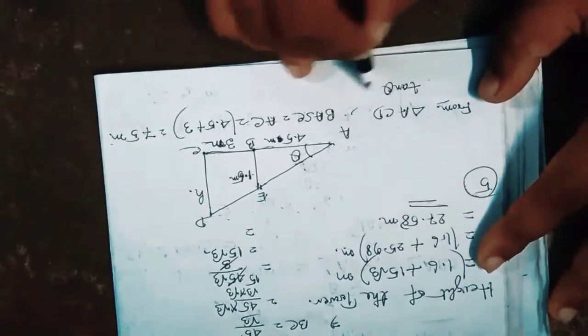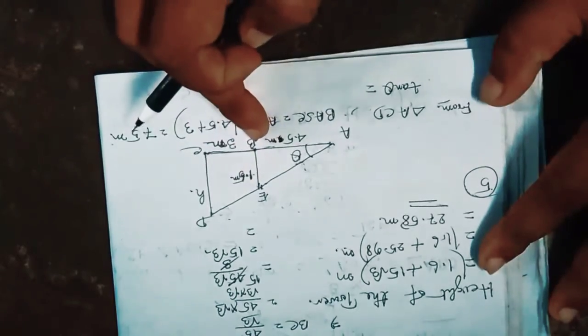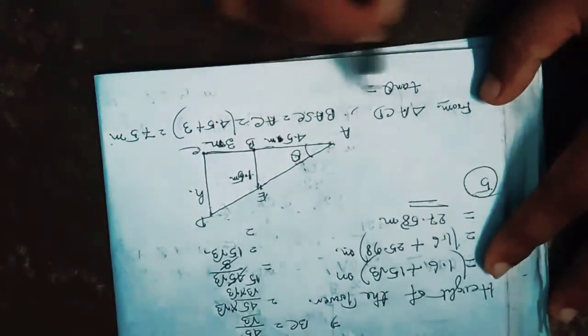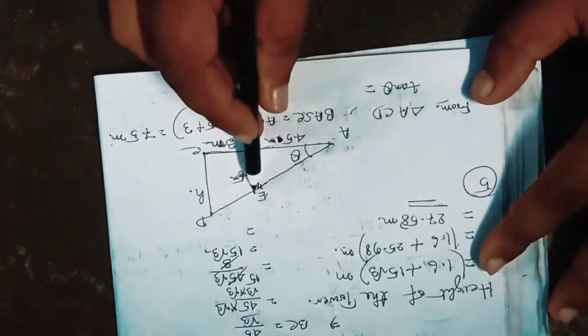So tan theta is equal to EB by AB from triangle ABE.